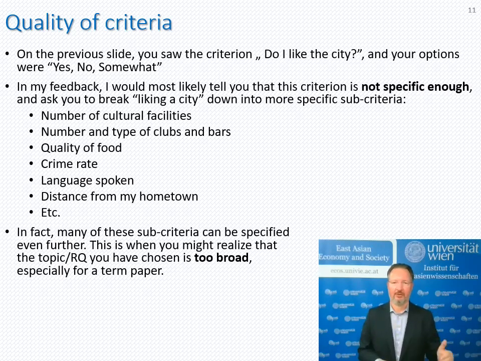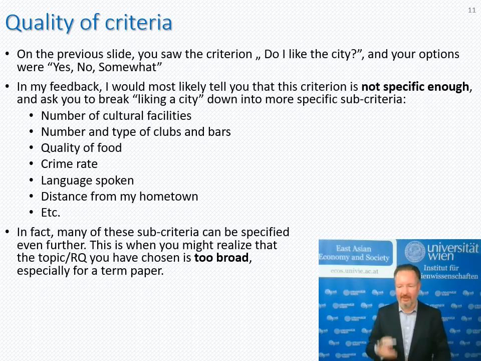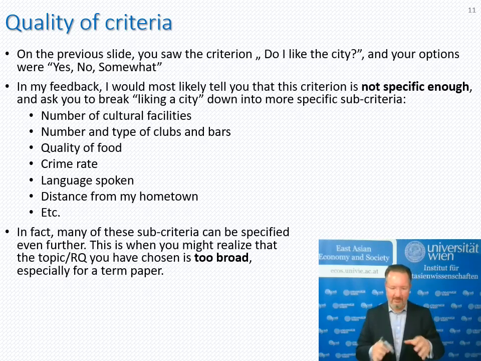So perhaps you would rather go to London or something where you get along better in English. But then, of course, the prices, for example for housing, I haven't even included that here. They might be higher in London than in Vienna. So this is the thing, right? This is how you construct your analytical framework with your criteria. You know how to measure them. And then at the end, you put them together, and then you can make an informed decision.